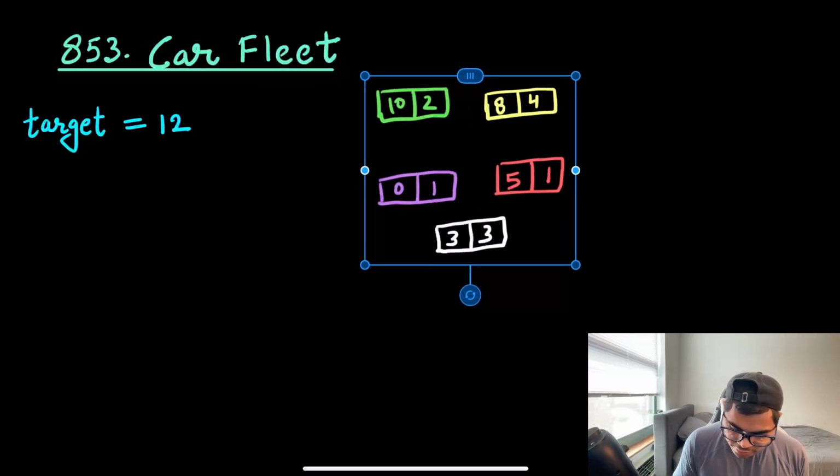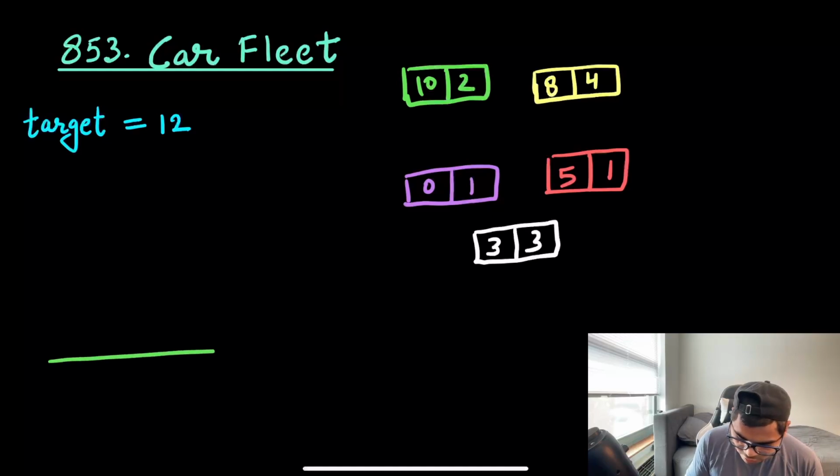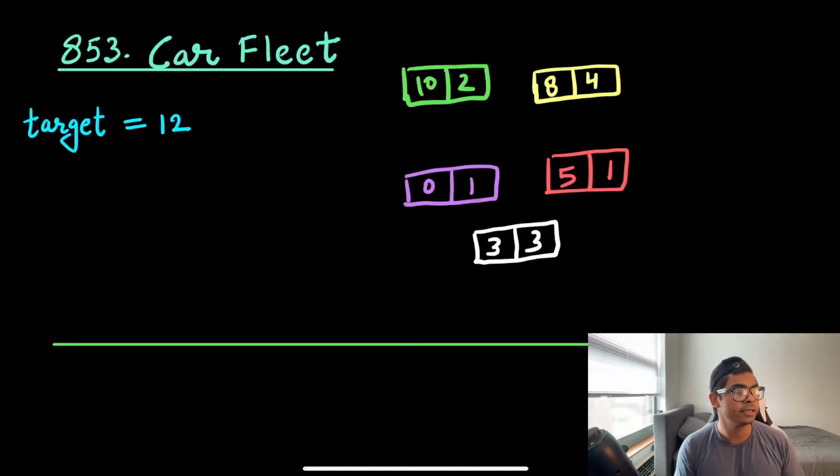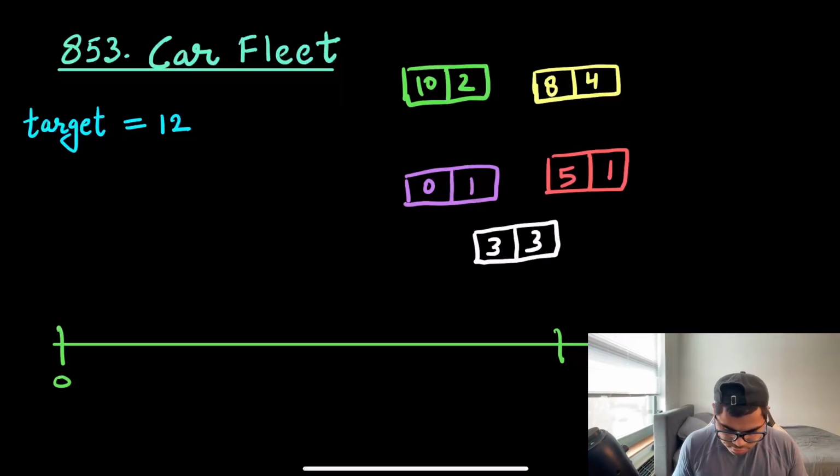So these are the different cars that we have, and I'm going to place them on our track. So this is my track. Let's say this is 0, and I'll draw it a little closer so that we can see it clearly, and this is 12.